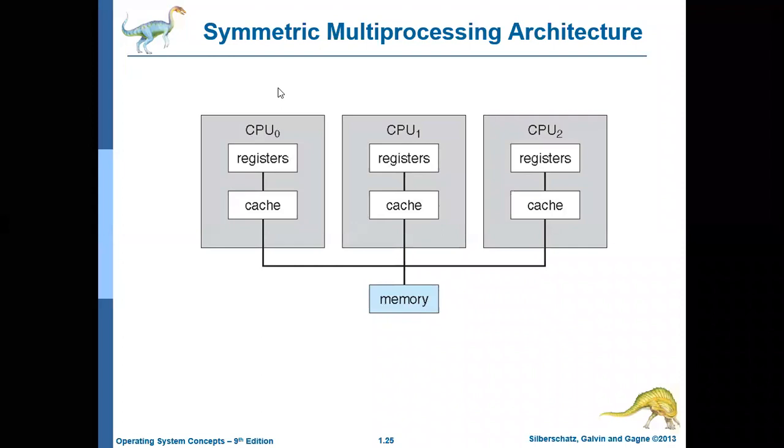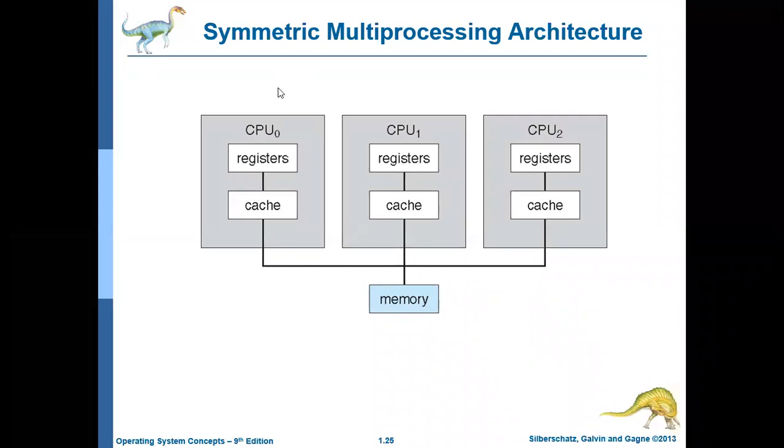In the last lecture, we discussed that there were two types of multiprocessing system. One is asymmetric multiprocessing, the other one is symmetric multiprocessing. In an asymmetric multiprocessing system, one of the processors will be acting as a master and the other processors will be acting as workers.